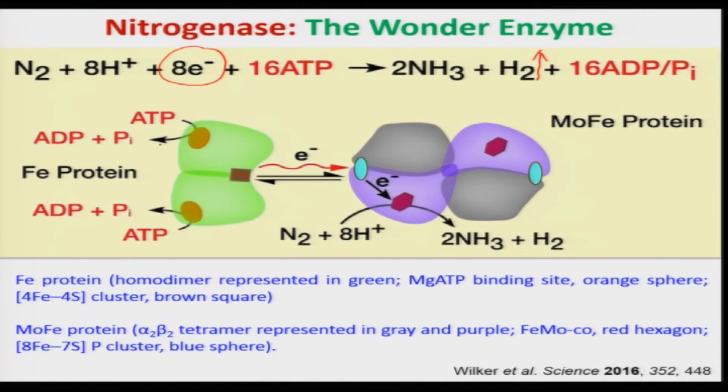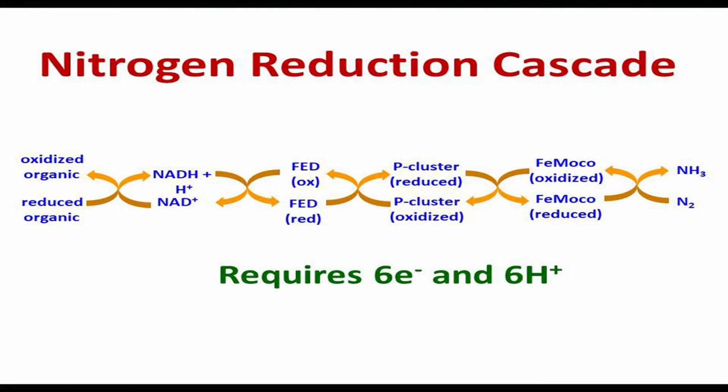So, ATP produces ADP plus phosphate and releases a huge amount of energy which is required for this reduction process, and the iron sulfur cluster gives electrons to this P cluster, which stores all these electrons and gives them to this molybdenum iron cofactor, which is responsible for this dinitrogen reduction to ammonia and also produces hydrogen at the same time.